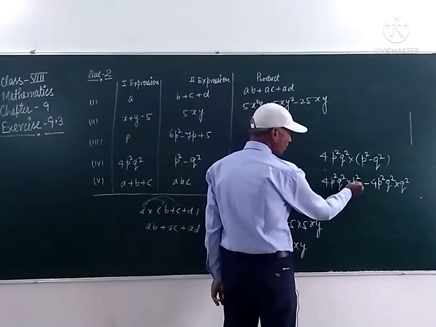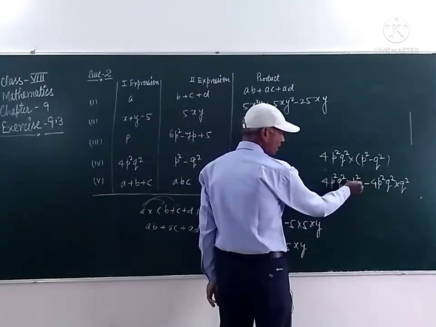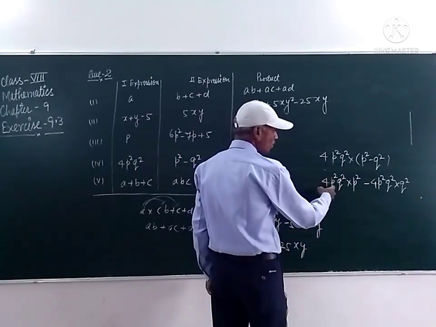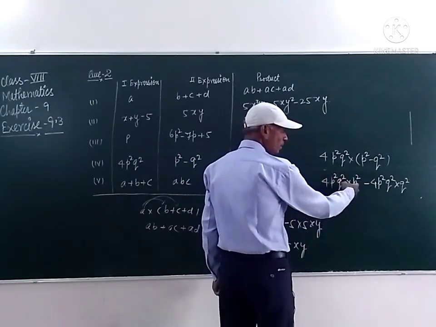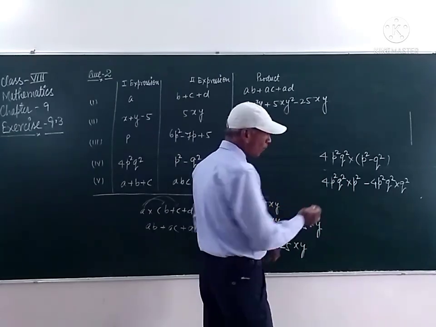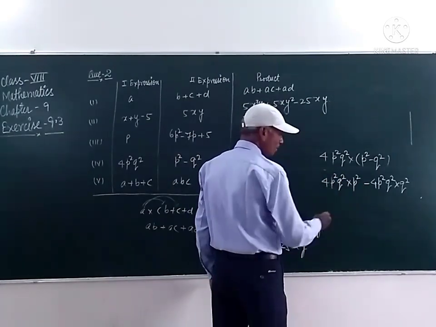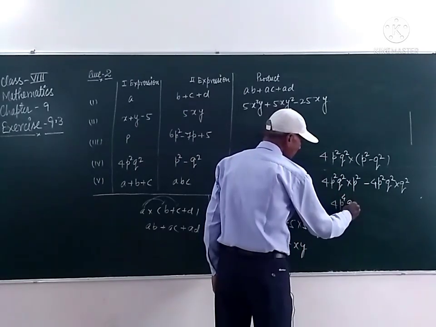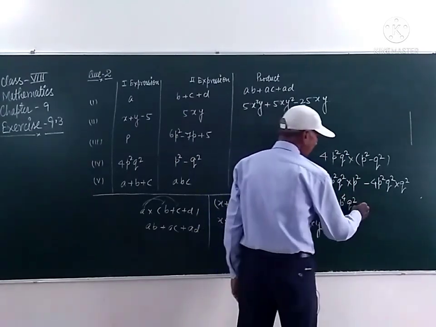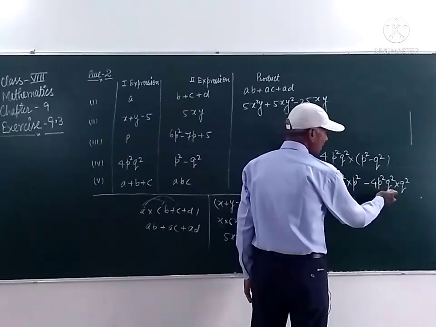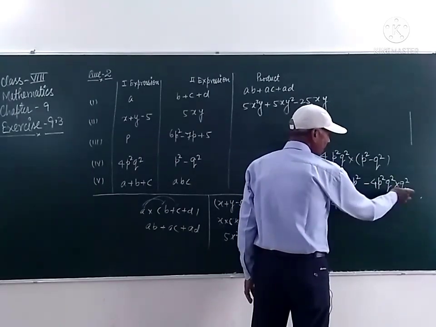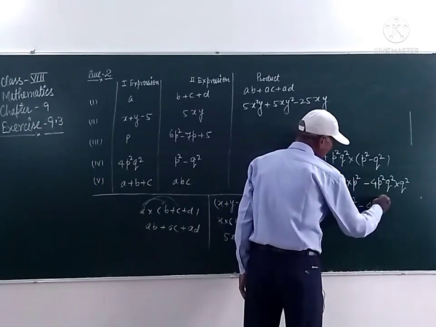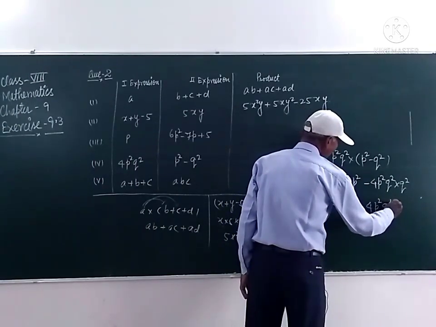Now this one p square into p square, student, powers will be added, or exponents will be added. So p square into p square will be p to the power 4, 2 plus 2 is 4. So 4p to the power 4 q square minus, and in this q square into q square will be q to the power 4. So 4p square q to the power 4.